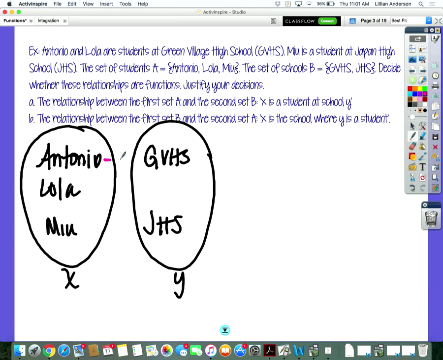So Antonio, he's a student at GVHS, and Lola is also a student there. As we notice, there's one input for one and only one output. And of course, Mew goes to Japan High School. That right there is a mapping diagram. That's another way they can represent a set of points, okay?